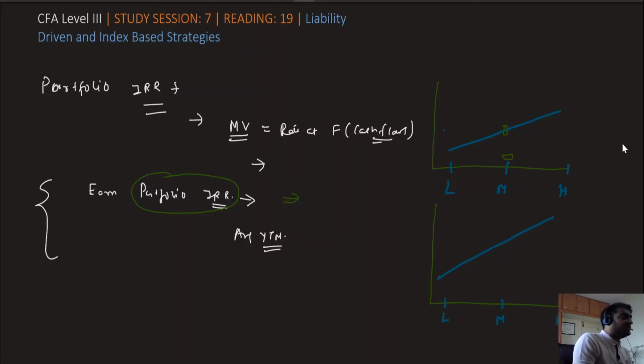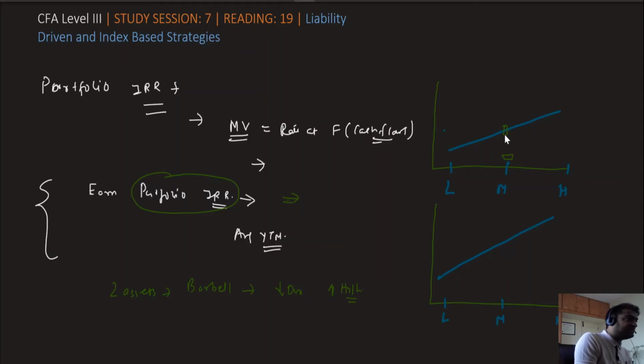One thing we can do to immunize this is construct a barbell portfolio. So we have two assets here, one with a low duration and one with a high duration, to effectively match the initial portfolio IRR, which equates the present value of the liability.